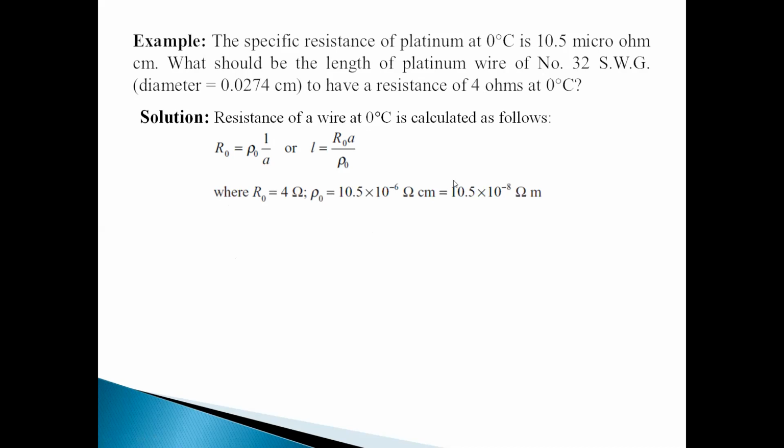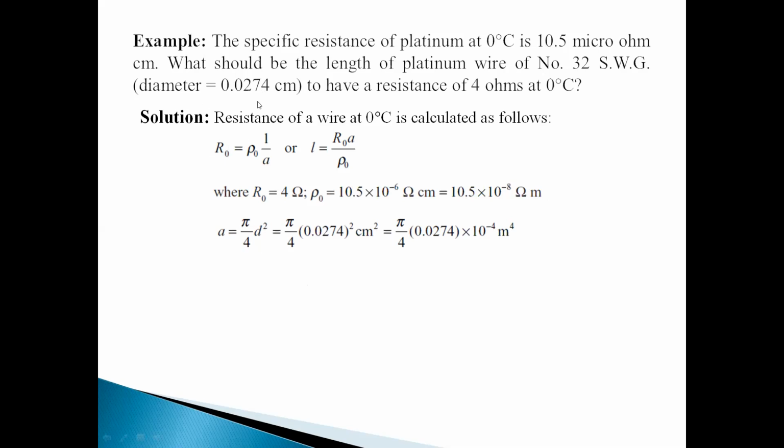We need to calculate in ohm centimeter, so it will be 10.5 into 10 to the power minus 6 ohm centimeter, or converted into meter, 10.5 into 10 to the power minus 8 ohm meter. And what will be the area A? It is pi r square. Since we have the diameter, we convert it to the diameter formula, so pi d square by 4.